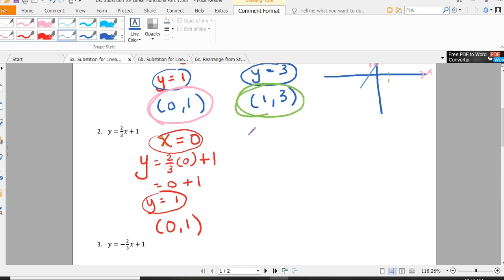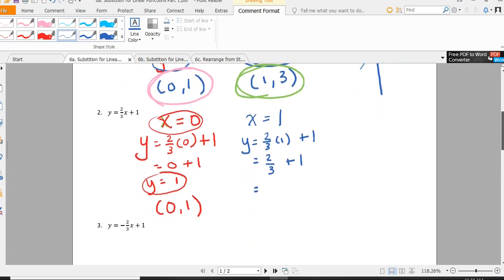My second point, where I sub in x equals 1, let's see what happens. y equals 2 over 3 times 1 plus 1. Now following BEDMAS, what is 2 over 3 times 1? That's just going to be 2 over 3, and then plus 1. Now, what would that give me? Well, you can type it in your calculator. 2 divided by 3 will give you 0.666.